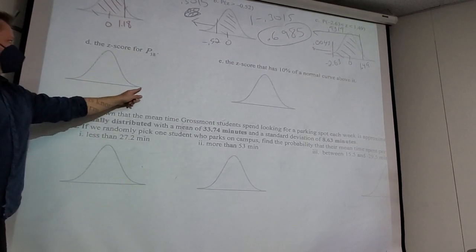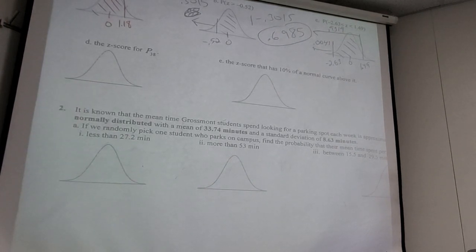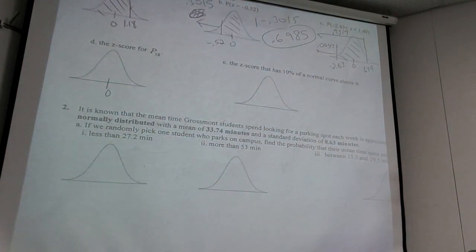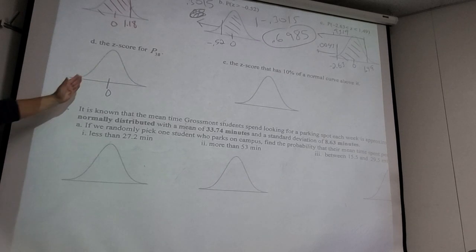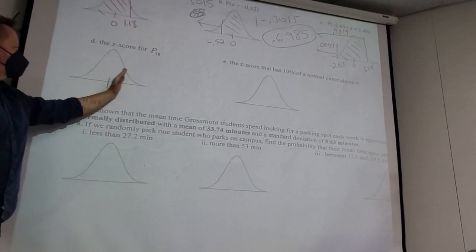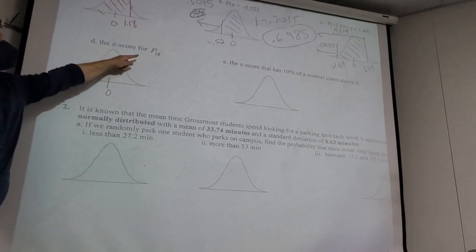So put 0 right in the middle. Is it going to be to the left or the right of 0? It's only supposed to have 38% below it, and 0 cuts the whole thing in half. So it can't be here, obviously, because that would be 50% below it. So is it over to the right, or down to the left? Because it's only supposed to have 38%.